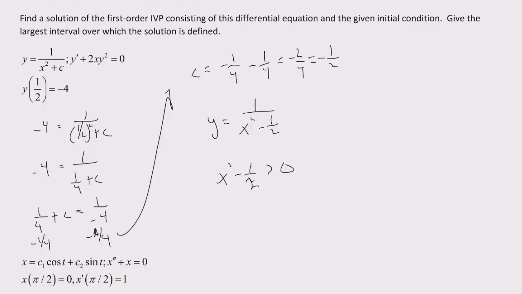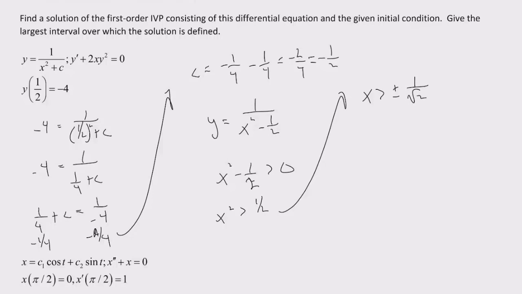Not only can it not equal 0, but it can't be negative. So that would be 1/2 minus x squared greater than 0, so x squared is less than 1/2, so x is between plus or minus 1 over the square root of 2.